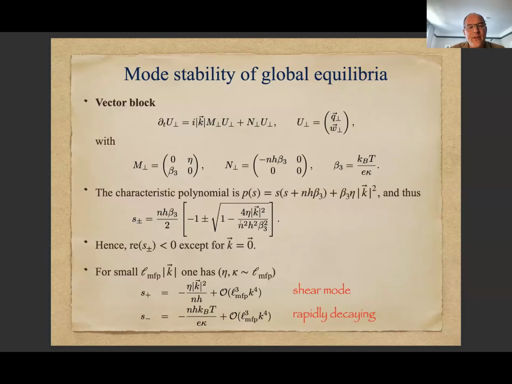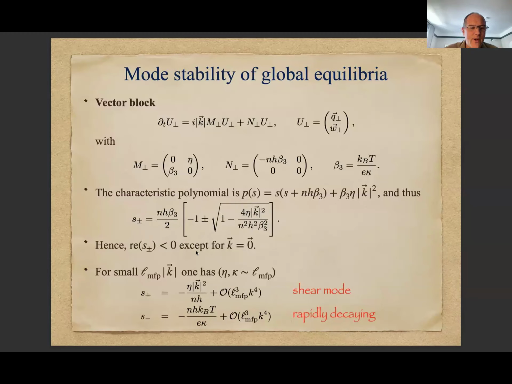If k is different from 0, then the real part of this is always smaller than 0. There's a -1 here, and if k is small, then what is under the square root is always smaller than 1 in magnitude, and if k is very large, then this becomes imaginary, but in any case, the real part is smaller than 0.